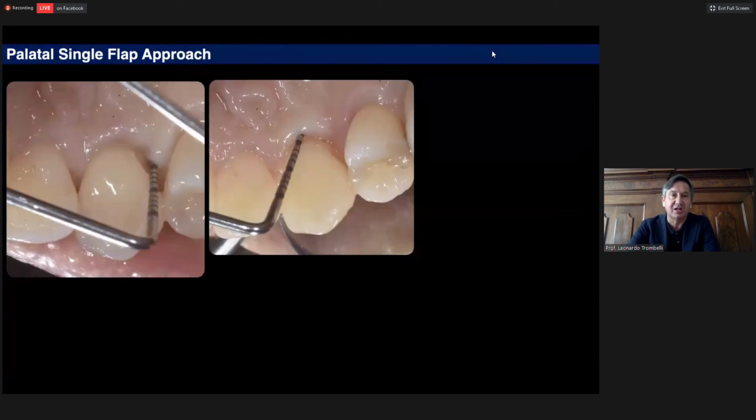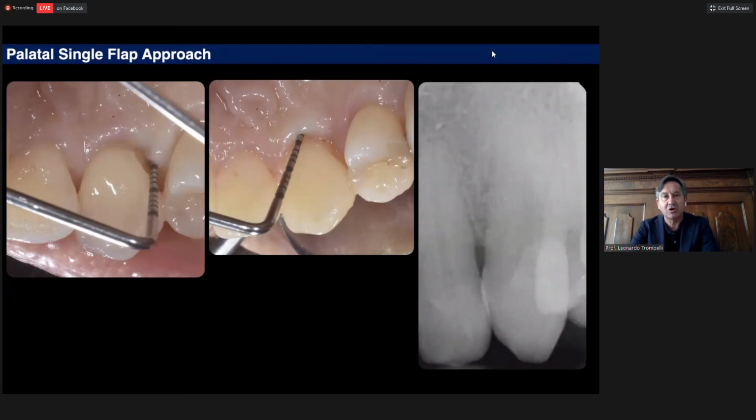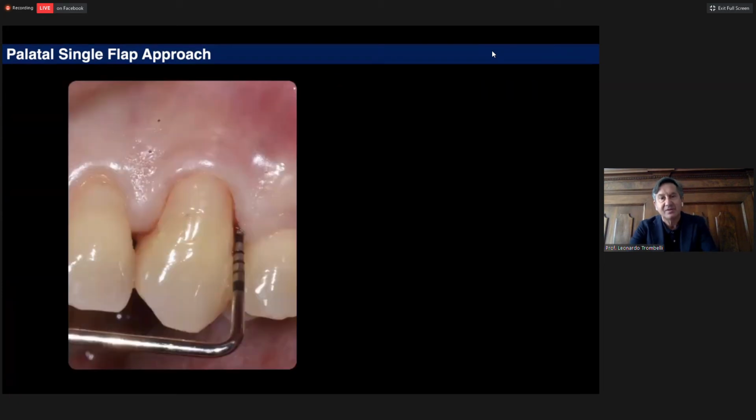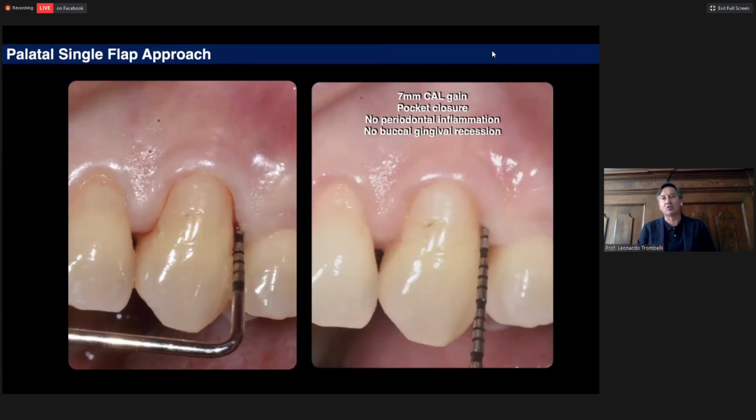Here you see the results following tissue maturation, the remineralization of the lesion, but of course, just not by moving anything from the buccal aspect. You can clearly see, by comparing the preoperative view and the clinical attachment loss and the probing depth at the beginning of the treatment with what we experienced after 1 year of tissue maturation phase, that we have a 7 millimeter clinical attachment gain associated with pocket closure, no periodontal inflammation, meaning no bleeding on probing.